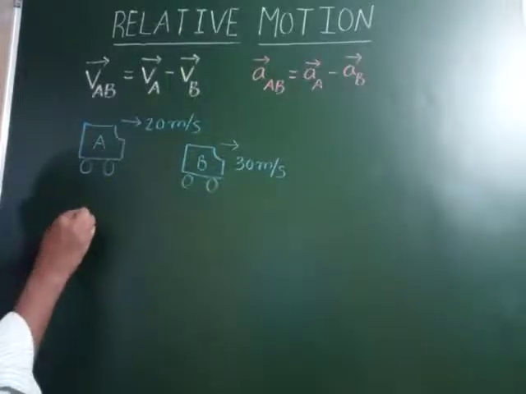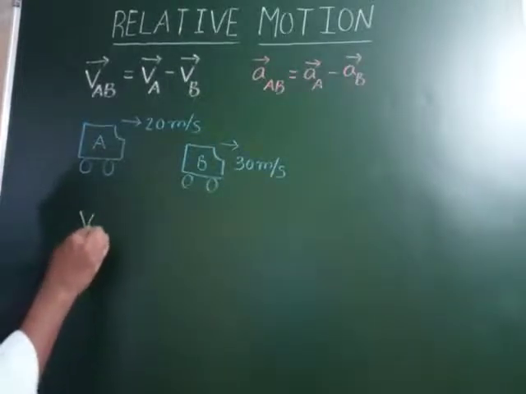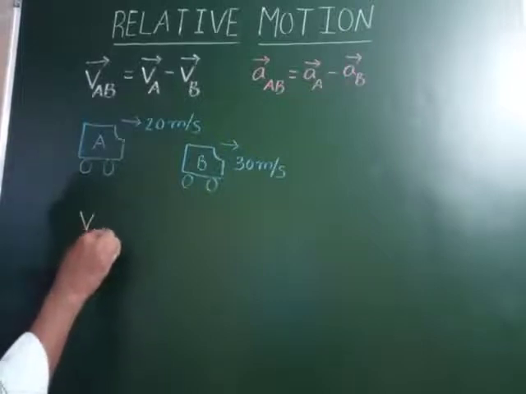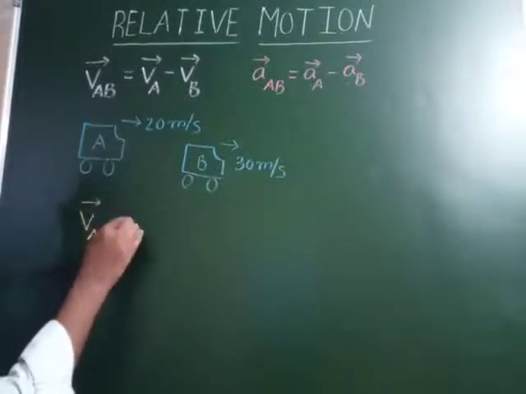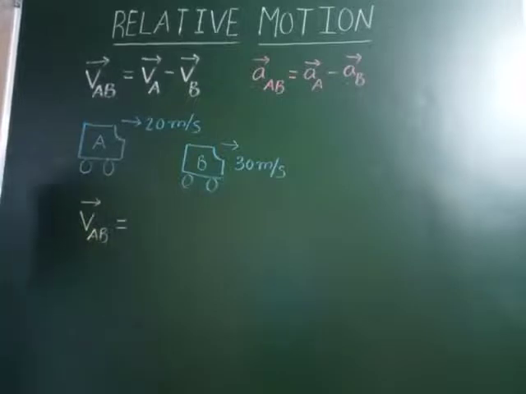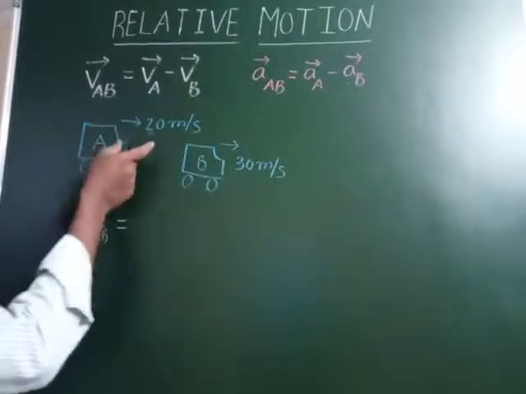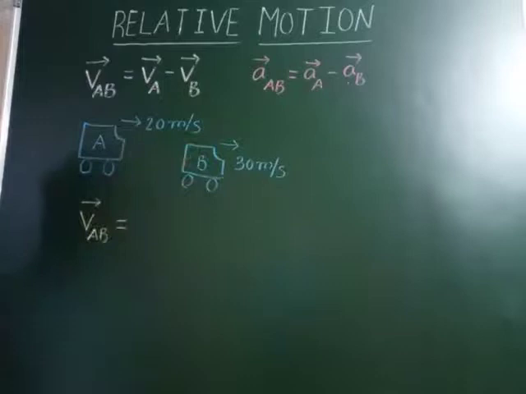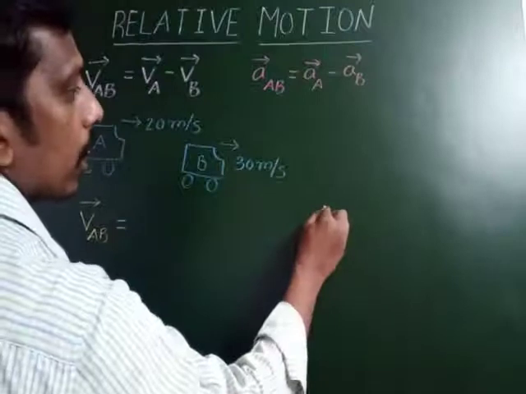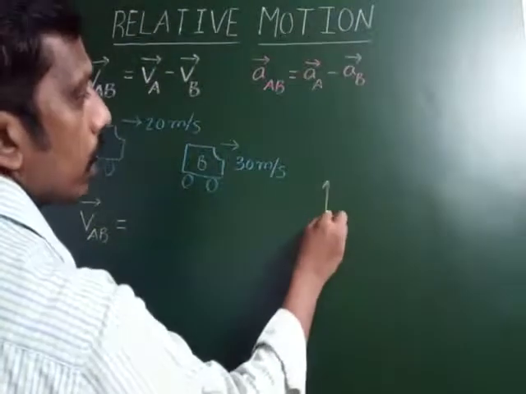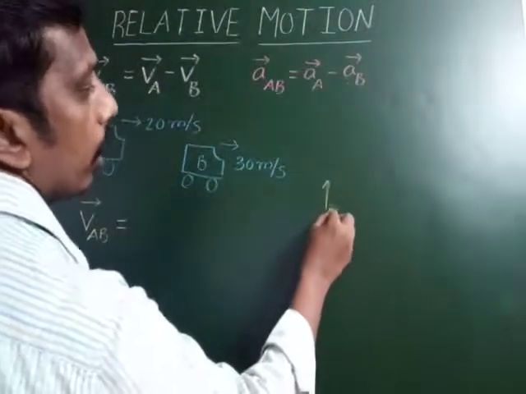First, velocity of A with respect to B is equal to, from this formula, velocity of A minus velocity of B. Unit vector along east is taken as i cap. Unit vector along west is taken as minus i cap. Unit vector along north is taken as j cap and south is taken as minus j cap.